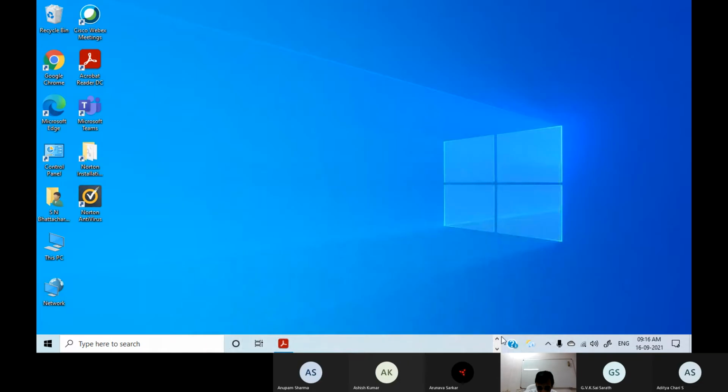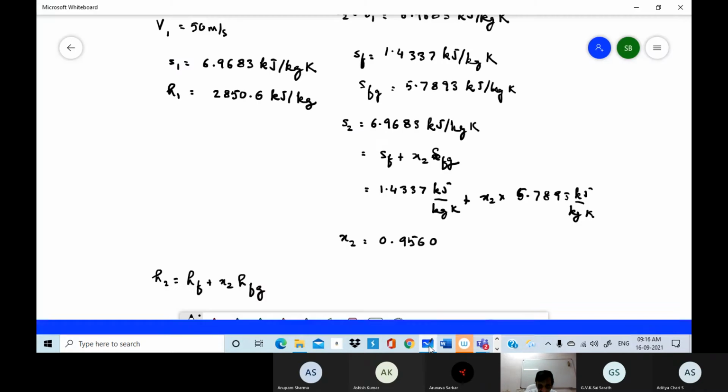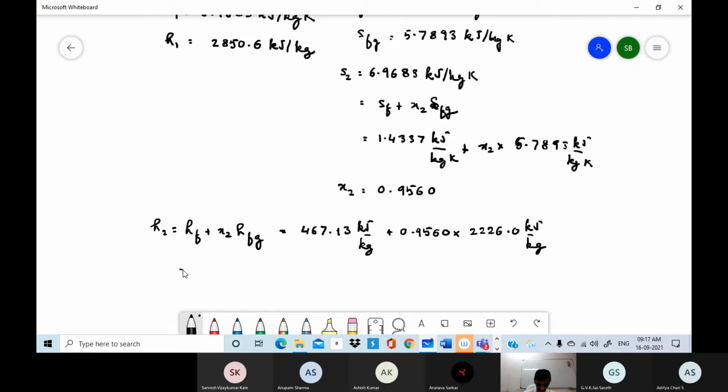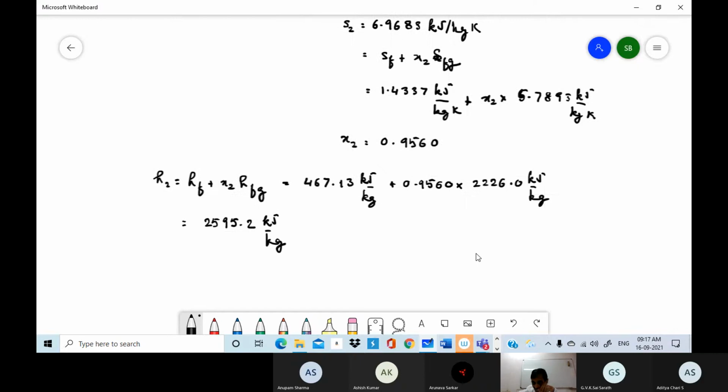So therefore, once we know H, we can apply the first law.